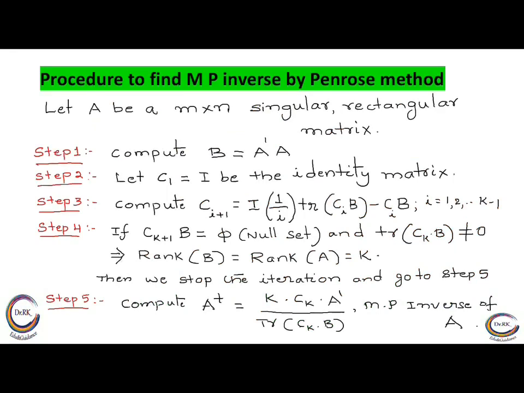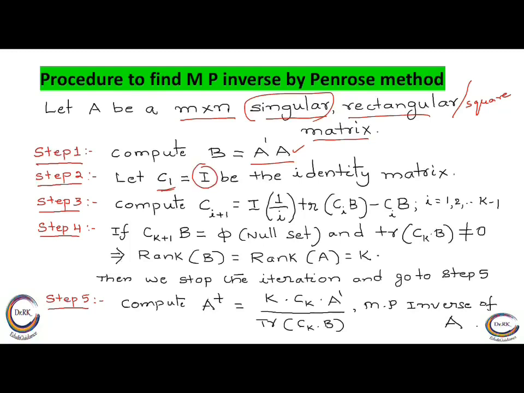Let A be an m by n singular rectangular matrix. Singular is a must. It can be rectangular or it can be a square matrix also. First, we have to compute B equal to A transpose into A. Then we pick the suitable identity matrix, termed C1.